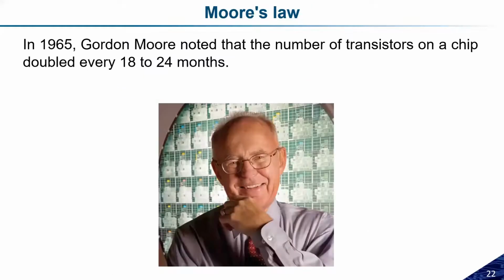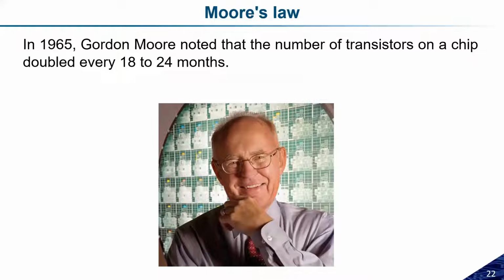Okay, so we were discussing what Moore's law is and how this particular law is very important, especially to predict the different parameters which are needed to design a semiconductor IC.